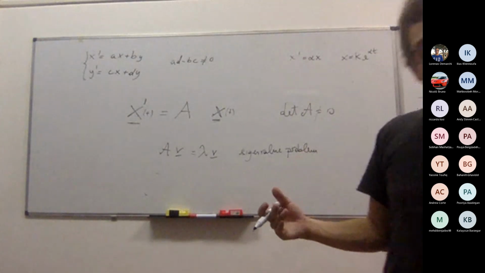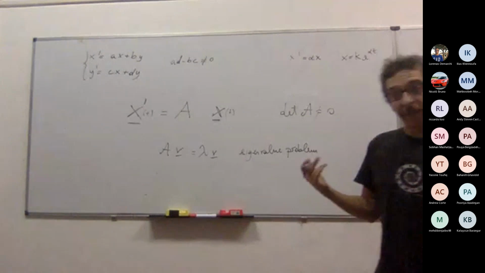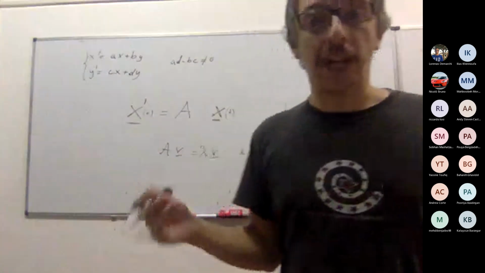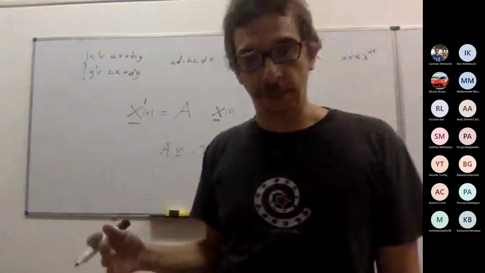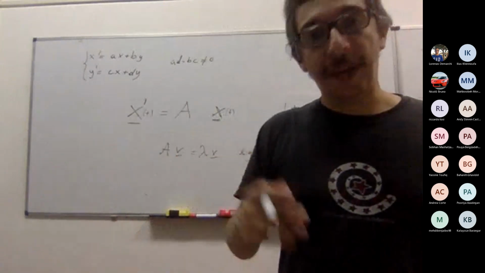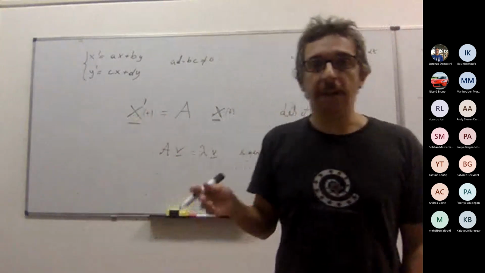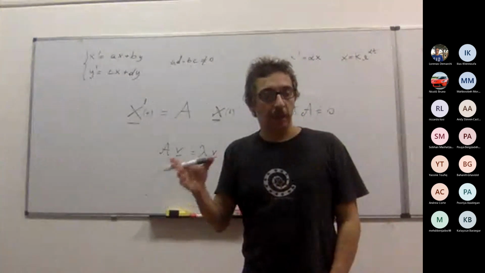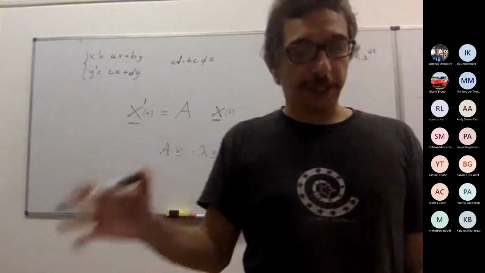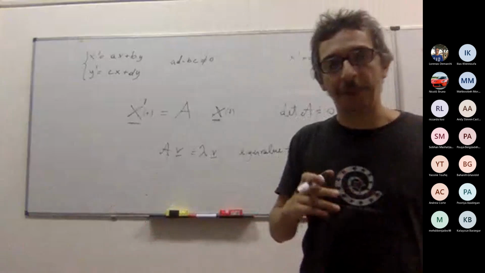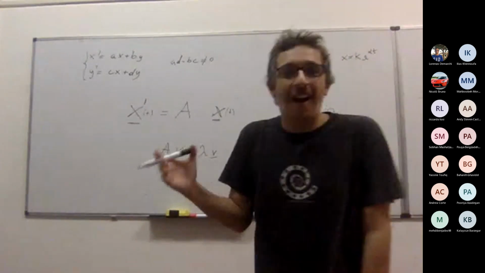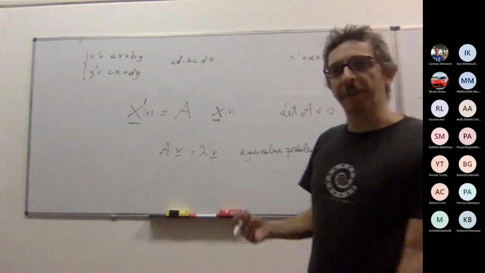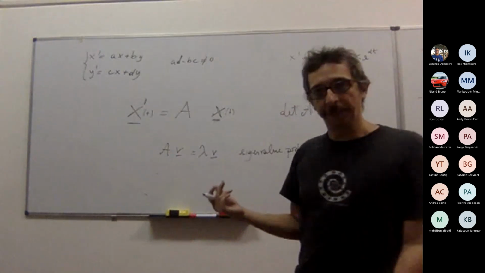Now, as a matter of fact, what will happen is that depending on the sign of lambda 1 and lambda 2, and depending on the relative magnitude of lambda 1 or lambda 2, in the sense of who is larger between lambda 1 and lambda 2, you will have different behaviors of the critical point.